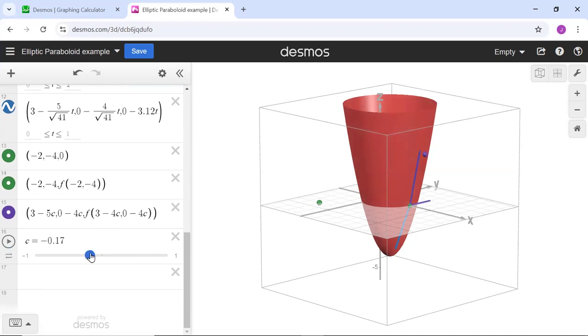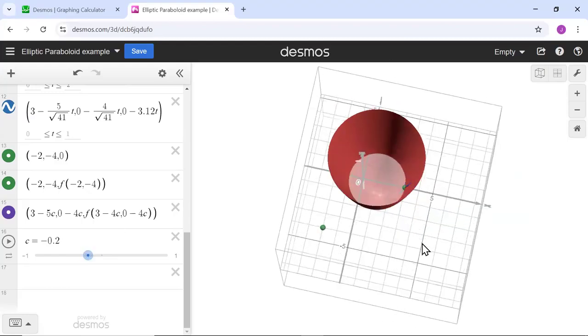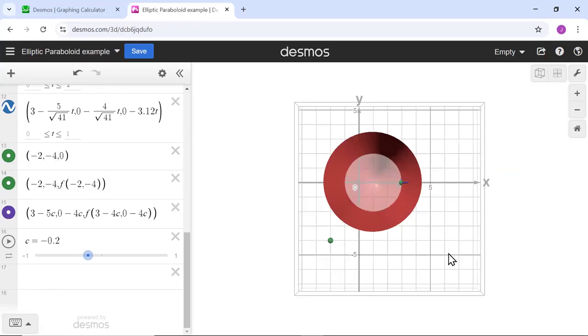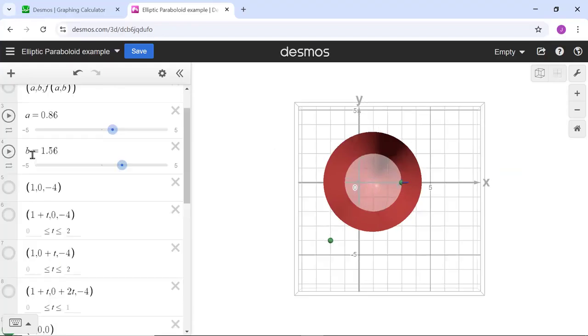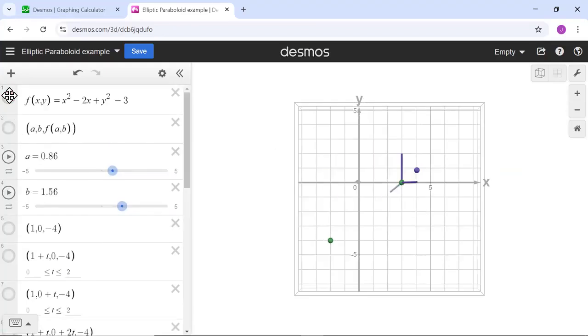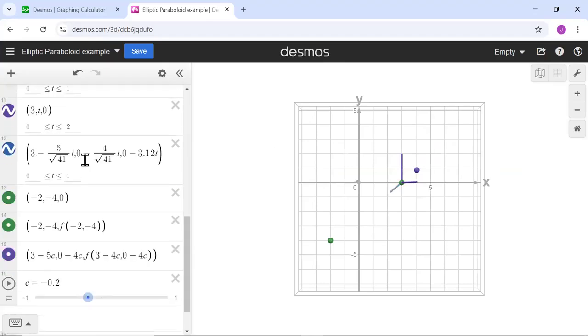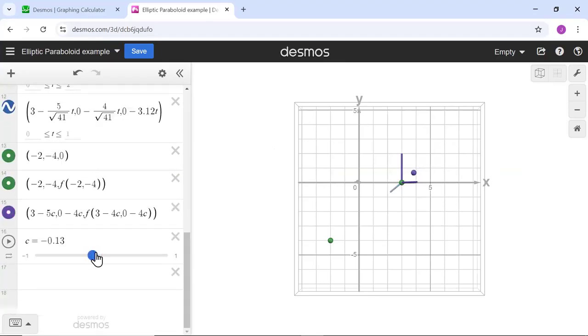So if I follow this purple dot, if I look straight down along this purple dot, we're moving in that direction.